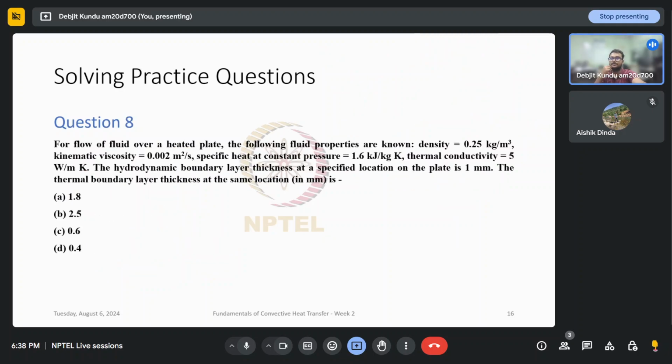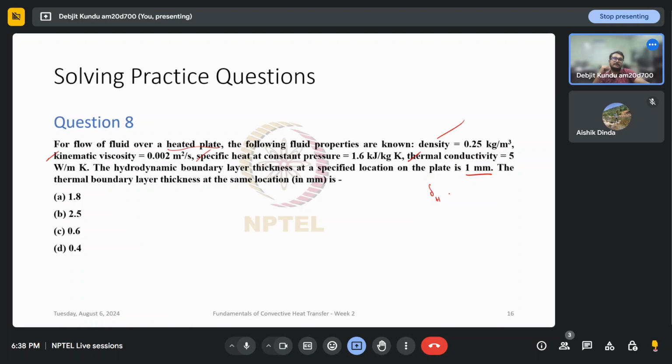We'll move on to question number 8 now, which is once again a numerical type question, which is asking us that for flow of fluid over a heated plate. Now, it's not just a flat plate, it's a heated one. The following fluid properties are known. Density is given, kinematic viscosity is given, specific heat is given, thermal conductivity is given. The hydrodynamic boundary layer thickness at a specified location on the plate is 1 millimeter.